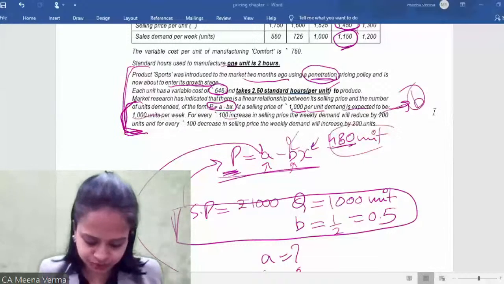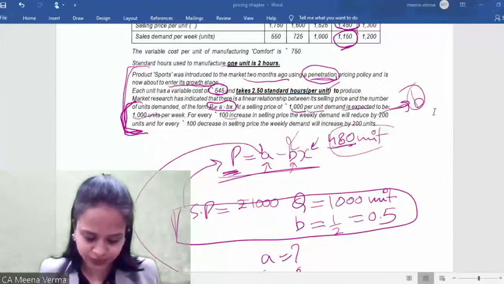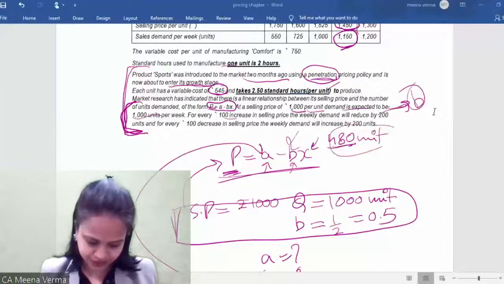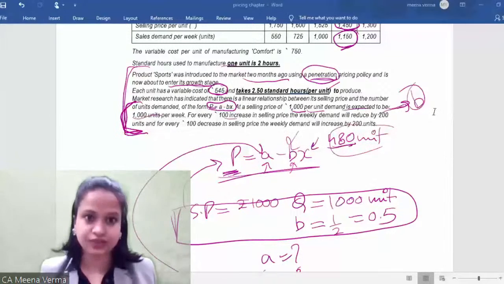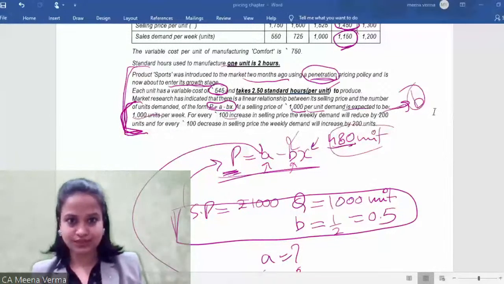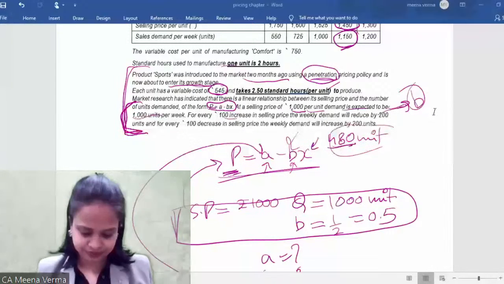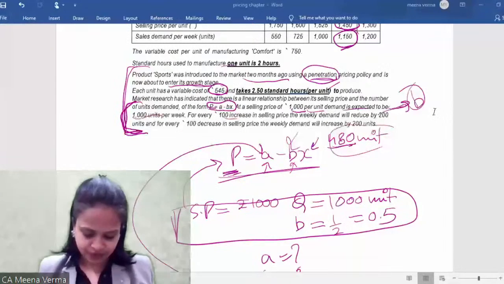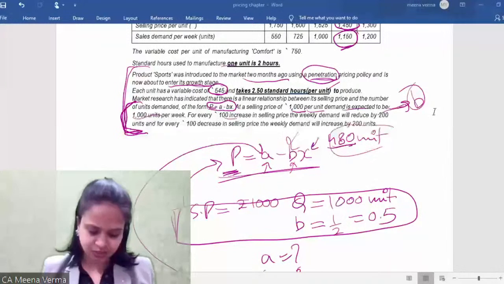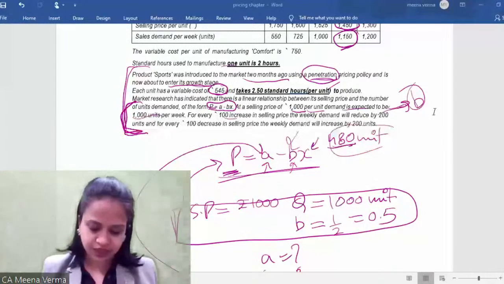I'm waiting for you to please give me the answer quickly. Okay, then we will discuss the remaining portion. Okay, ji? And we have more questions to discuss. So quickly give me the answer. As quickly as you give me the answer, we will proceed further.